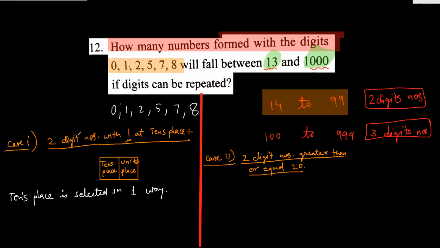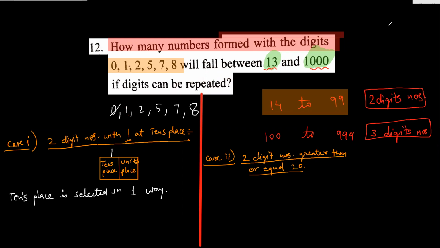It cannot be 0, because if you have 1 here and 0 here, it is 10. You want greater than 13, right? So when the tens place is 1, it cannot be 0. You understand? Digits can be repeated, but still it can't be 1. And it can't be 2 also, then it will be 12. Yes, it can be 5, 7 or 8.